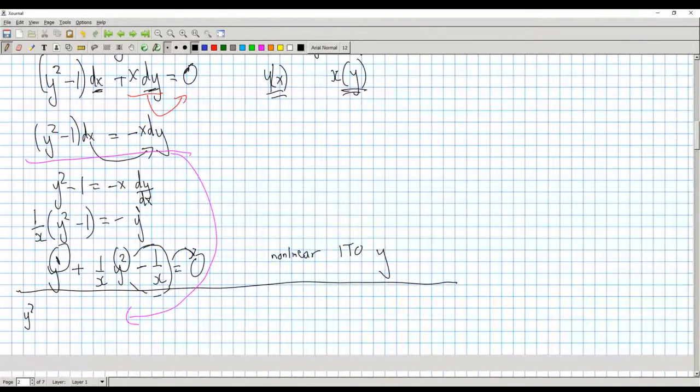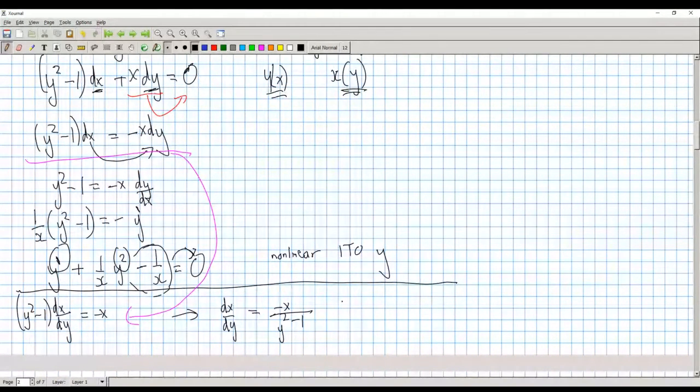So now we have y squared minus 1 dx. We're going to bring the dy over this side. So we have dy is equal to minus x. Now if we want to isolate the dx by dy, we will come out with dx by dy equals minus x over y squared minus 1.